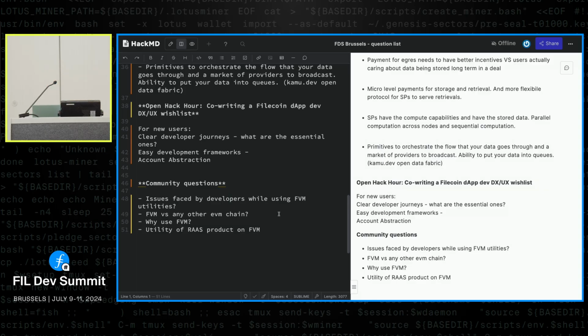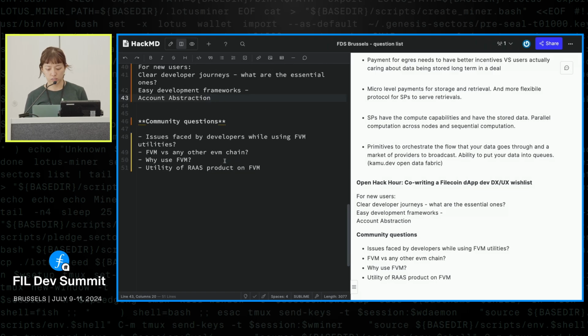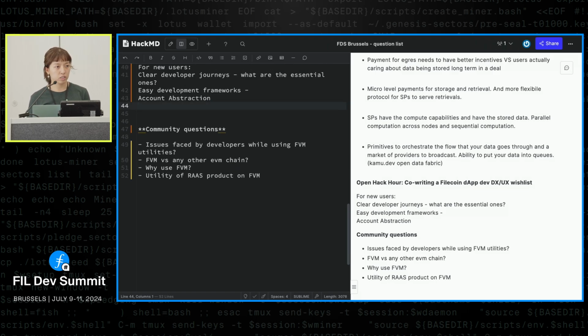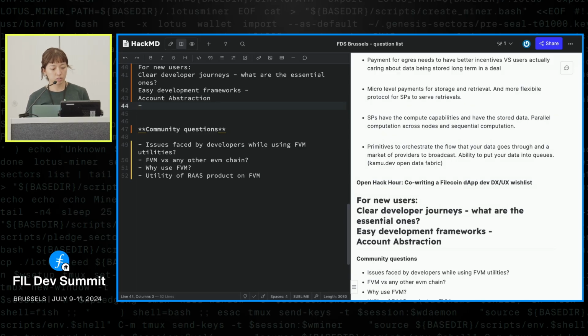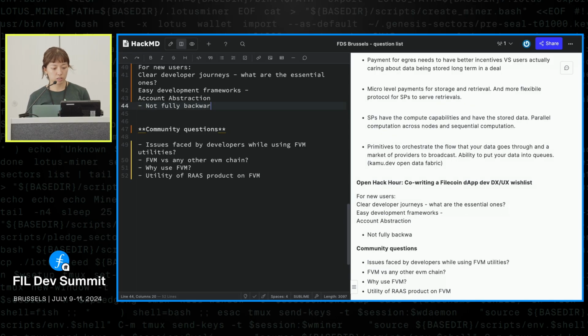Actually, that's quite interesting because we at Protofire provide a number of integrations to Oracle solutions, for example, and to the GnosisSafe as a great example that we were discussing with some of the other guys here. So the problem with Filecoin is that it's not fully backward compatible with what Ethereum has, so we can't just use the same library and everything.